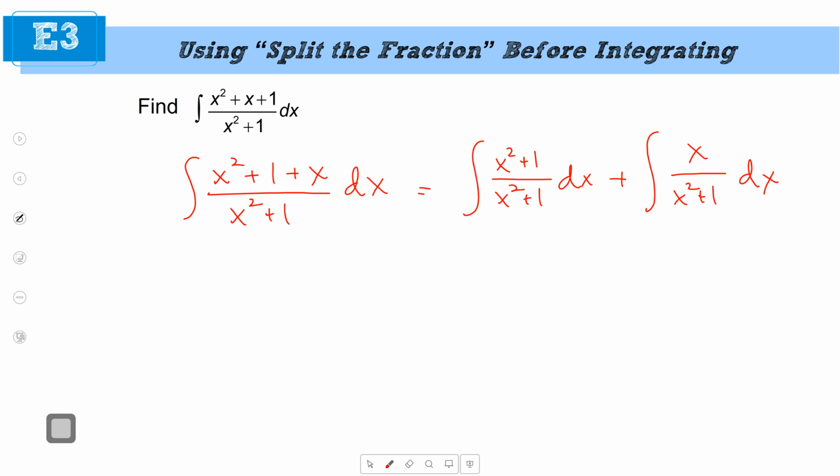Because what's x squared plus 1 over x squared plus 1? 1, and the integral of 1 is x, okay? So that's, boom, done. I need a plus c, but we'll deal with the plus c at the end.